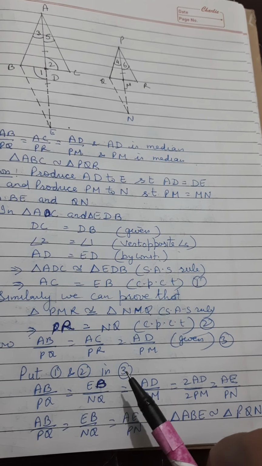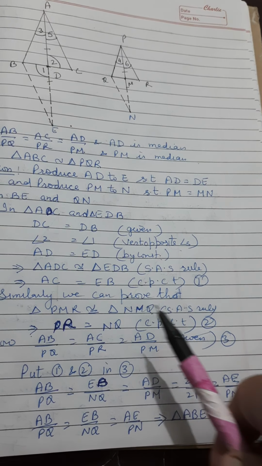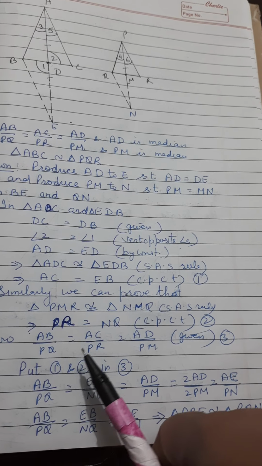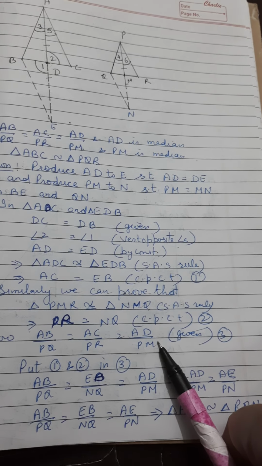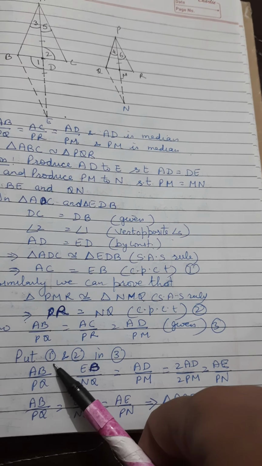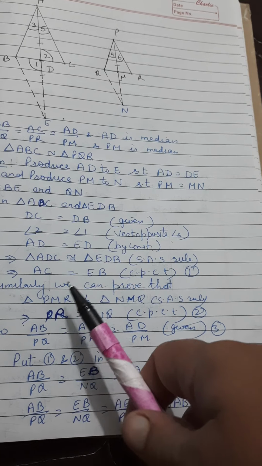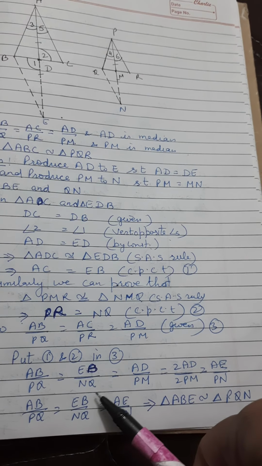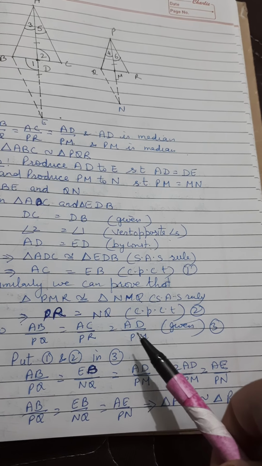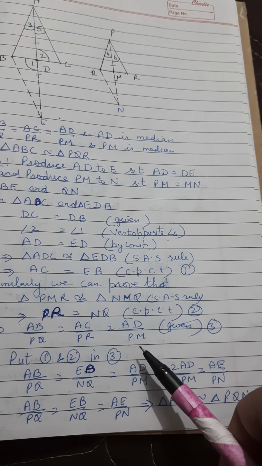Put 1, 2 in 3. 1 was AC is equal to EB. 2 was PR is equal to NQ. We put these in the 3 equation. Then from here we get AB by PQ is equal to EB by NQ is equal to AD by PM.